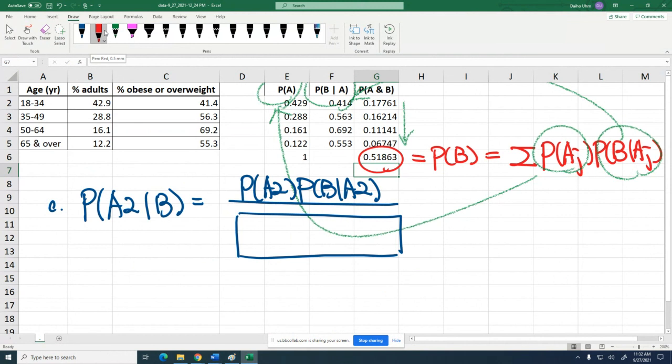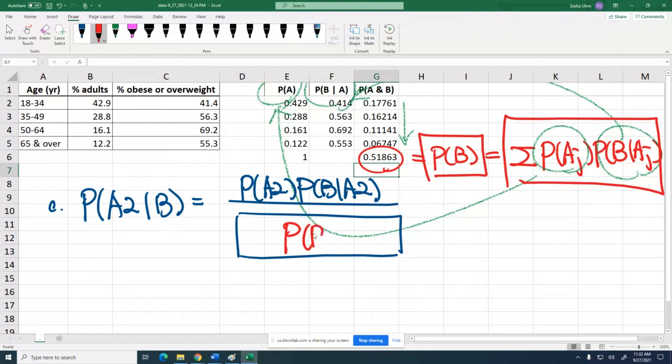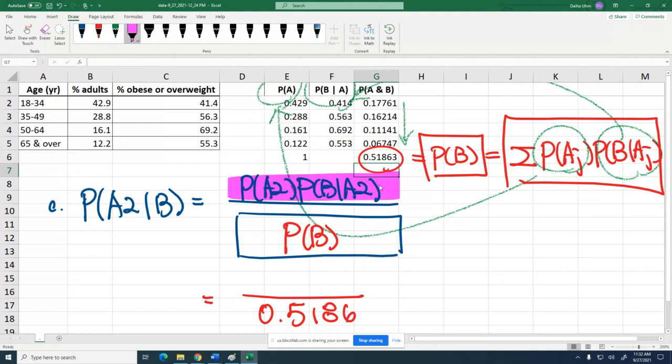The sum was this one, the probability of B. We already took the probability of B in part A. In Excel, it was 0.5186 in the denominator. 0.5186. And now we need only the multiplication, A2 times B given A2. How much was it?